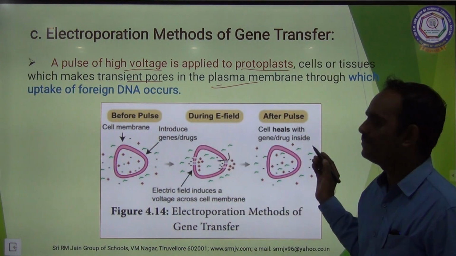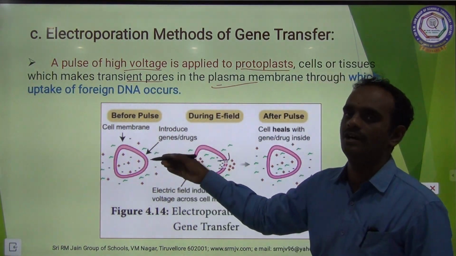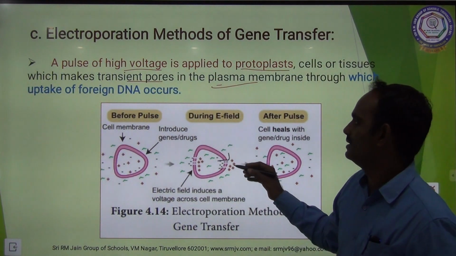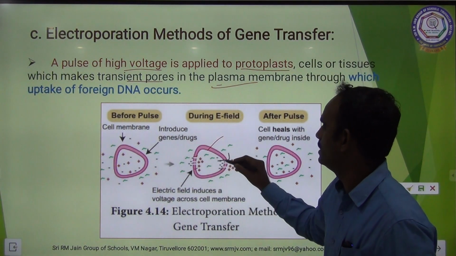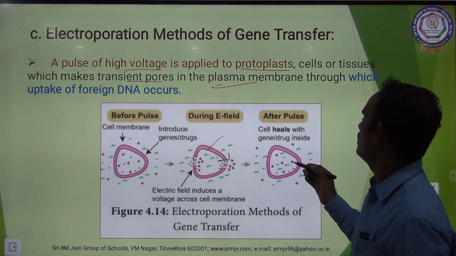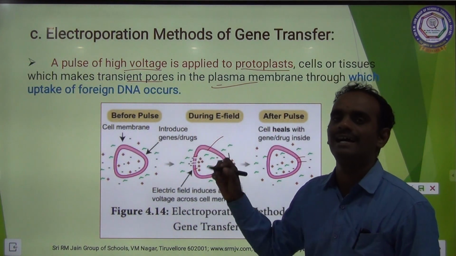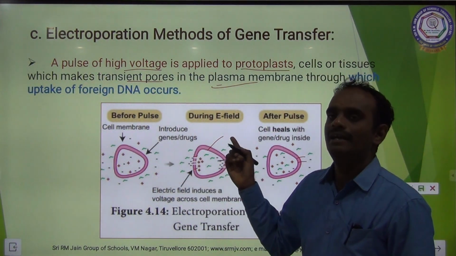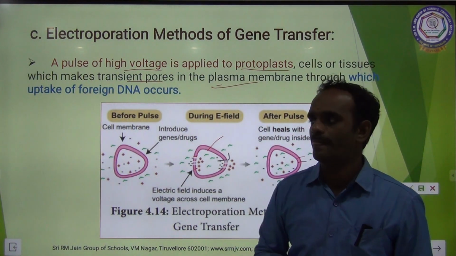See the picture: this is before the pulse, before the supply of current. This is during the electric field. Transient pores form in the plasma membrane, and then the uptake of foreign DNA takes place. This is called the electroporation method of gene transfer.